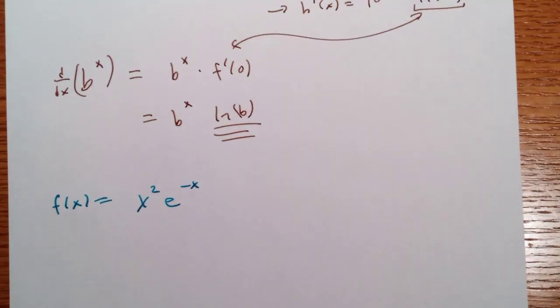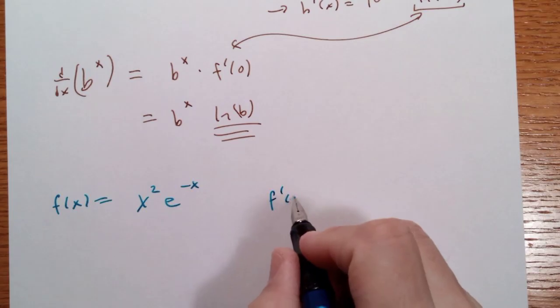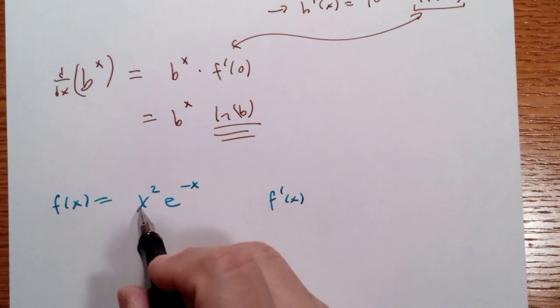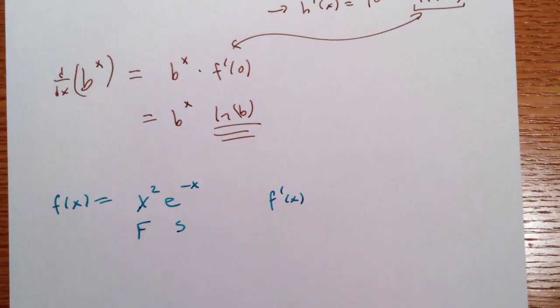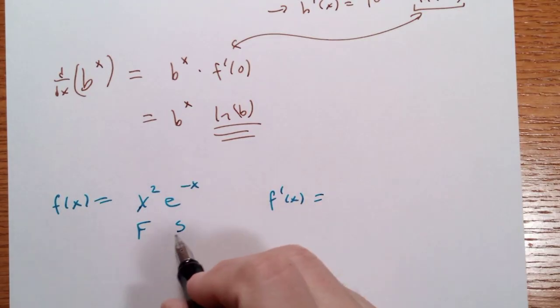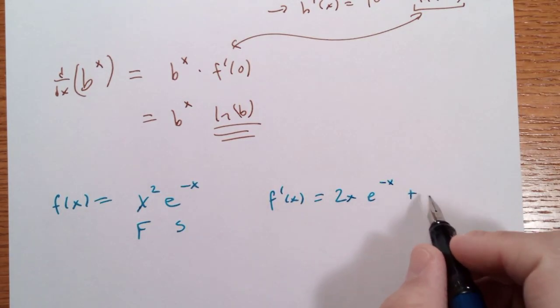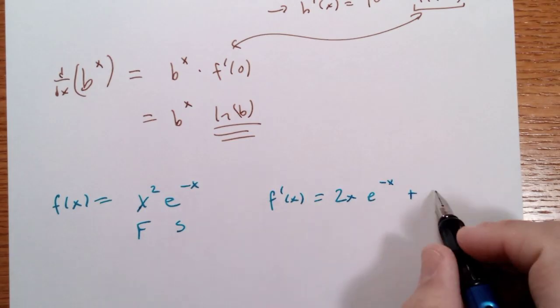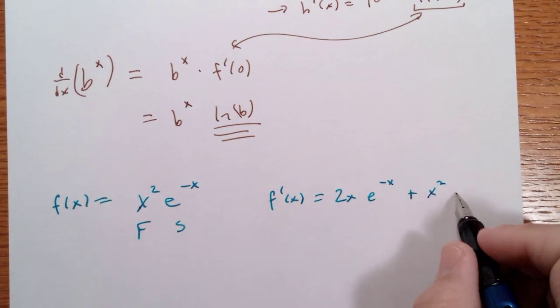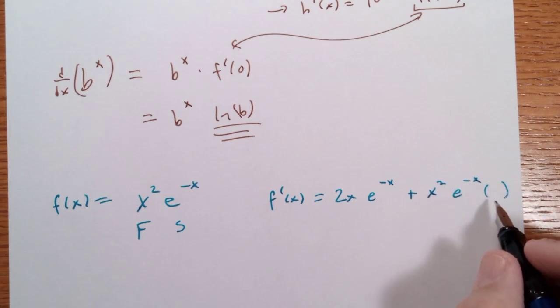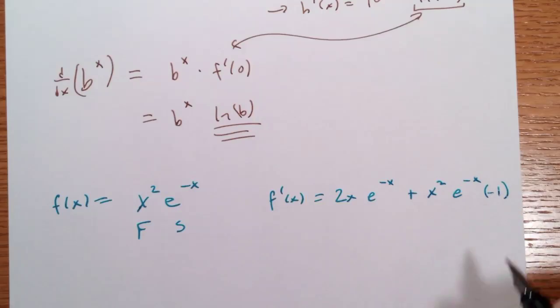If I want the derivative of this, I have a product rule because I'm multiplying two things together, and I have a chain rule. So first, second, product rule says you take the derivative of the first times the second, then you leave the first alone and take the derivative of the second. E to the stuff, but wait, there's more. The derivative of the inside.